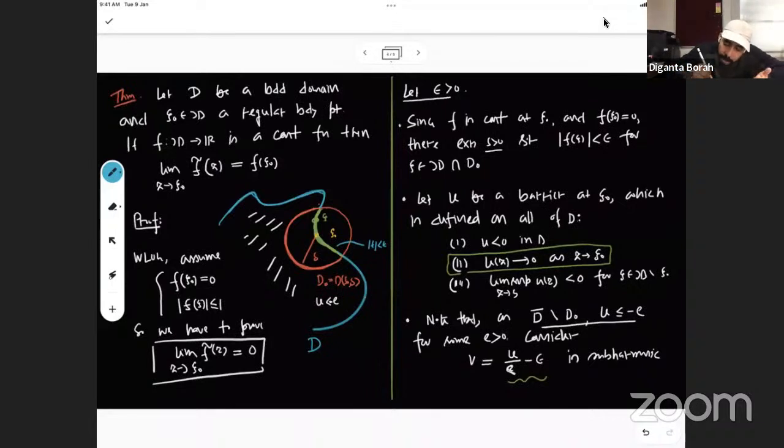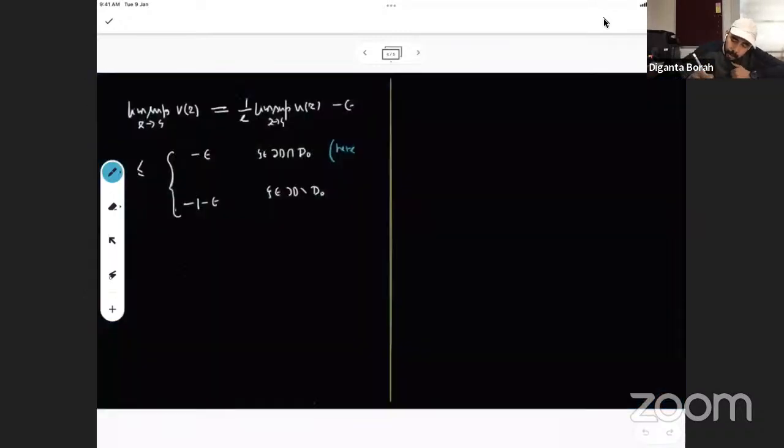And we also assume that mod f is always bounded by 1. So at other points, all we can say is that mod f is at most 1, so f is bigger than or equal to minus 1. So on this part of the boundary, f is between minus epsilon and epsilon. And here, what I can say is that minus 1 is less than or equal to f.